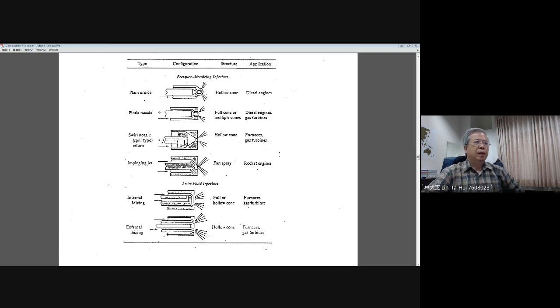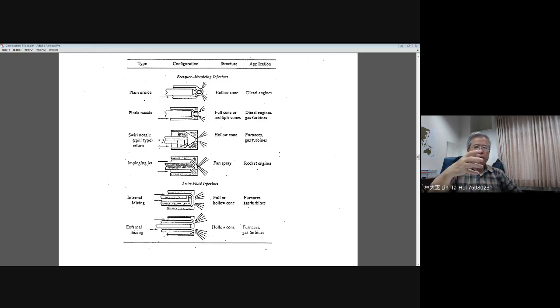The previous two are mainly controlled by the pressure of the liquid fuel itself. But the third one, not just the pressure, we add additional support coming from swirling motion. Okay, and this is the so-called swirl nozzle. Swirl nozzle means the fuel goes through some tangential inlets, and those tangential inlets will produce circulation.